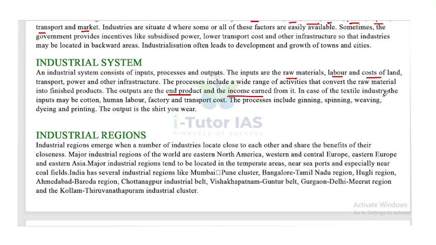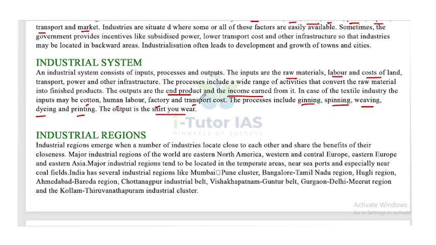In case of textile industry, the input may be cotton, human labor, factory and transport cost. Okay, so these are the inputs in a textile industry and the processes are ginning, spinning, weaving, dyeing and printing, and the output is the shirt. Okay, so this is an example of the industrial system.